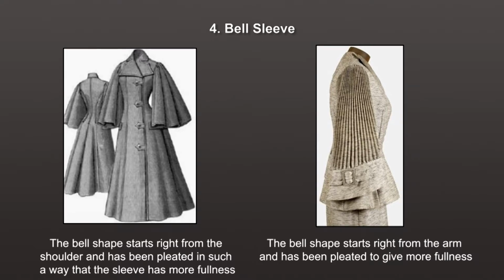And here we can see that we have a cuff made with the same fabric as with the body. In this image also, the bell shape starts right from the armhole and has been pleated to give more fullness. This pleats resembles accordion pleats.